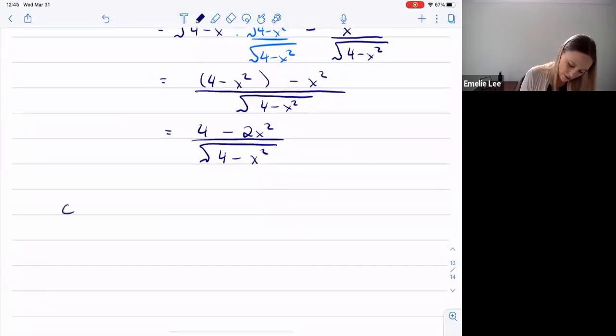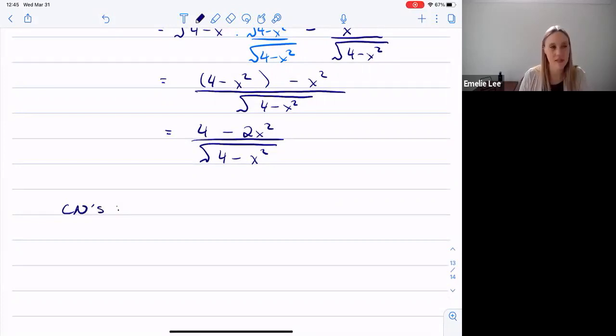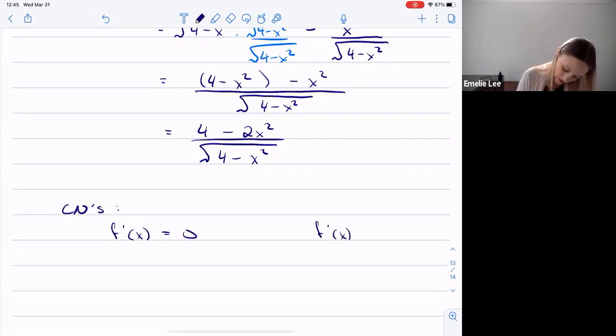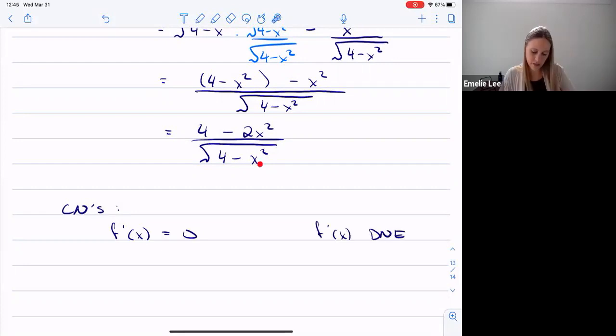So now my critical numbers are either when this thing equals 0 or when the derivative does not exist. It doesn't exist when I'm dividing by 0, and it doesn't exist when I take the square root of a negative number, which on the interval is not going to be a problem, so we're going to ignore that.